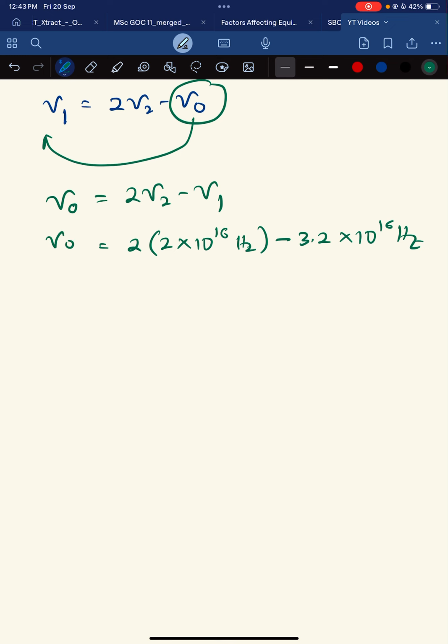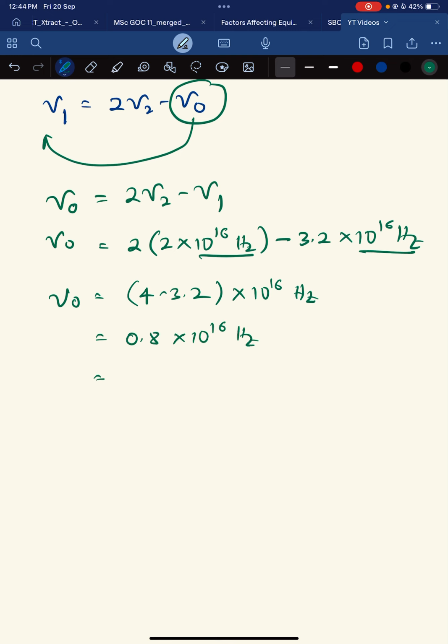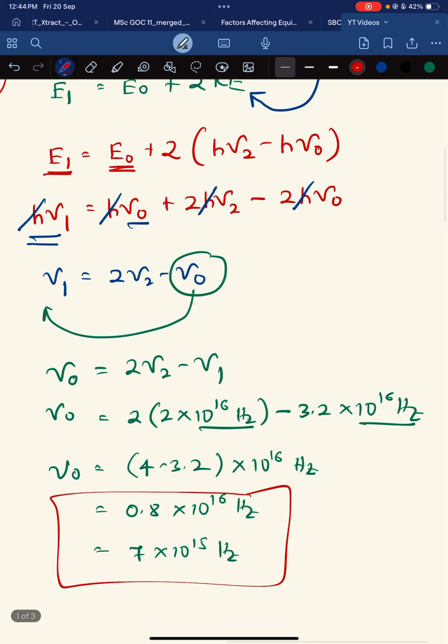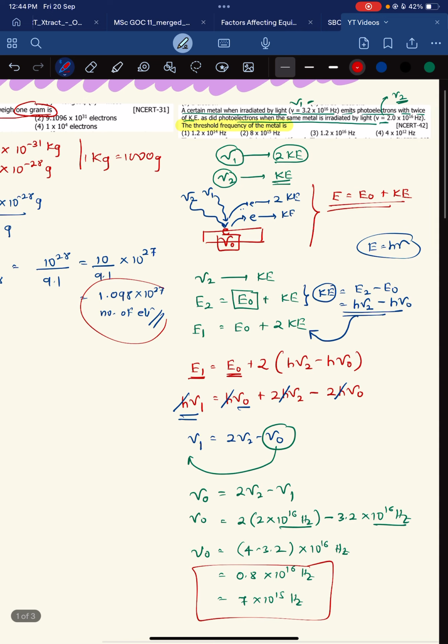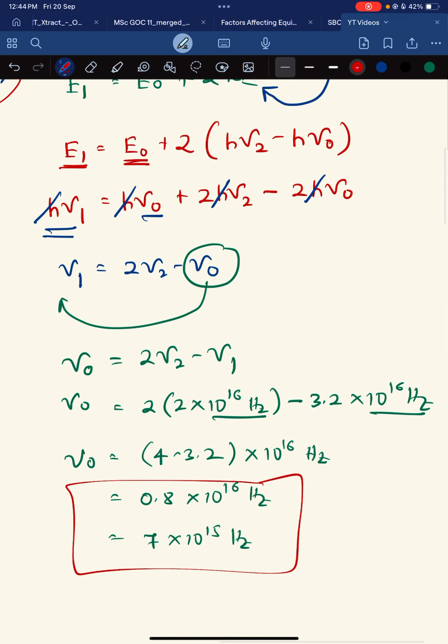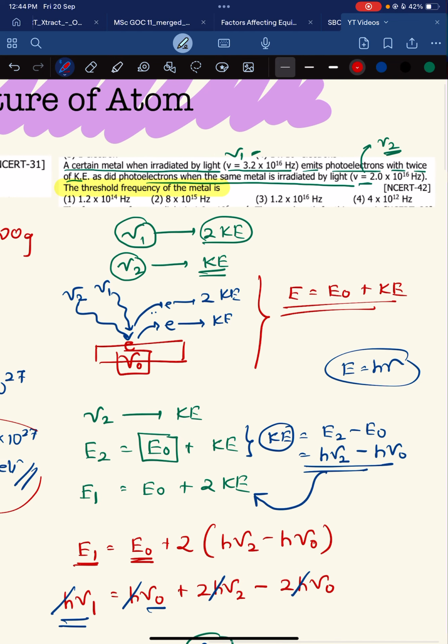So mu naught is 2 mu 2 minus mu 1, that is 2 into 2 into 10 to the power 16 hertz minus 3.2 into 10 to the power 16 hertz. 10 to the power 16 hertz is common, so 4 minus 3.2 into 10 to the power 16 hertz, which is 0.8 into 10 to the power 16 hertz. Based on the options we will select the answer, which should be 8 into 10 to the power 15 hertz. Sorry, why did I write 7 here? It should be 8 into 10 to the power 15. So the answer for this question is the second option.